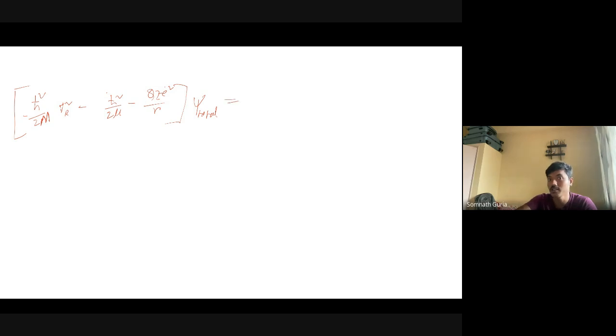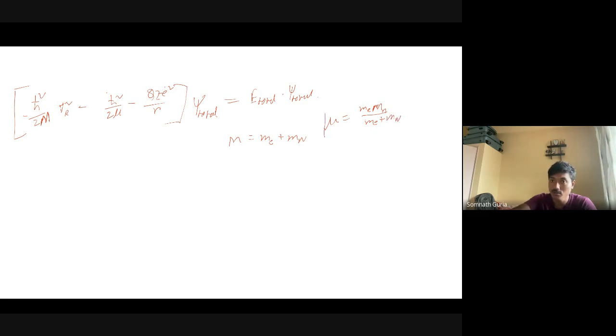This psi total again splits into other parts: one is the nuclear part, another is the electron part, equal to E total psi total. Here M equals M_e plus M_N, the total mass, and mu equals M_e M_N divided by M_e plus M_N.